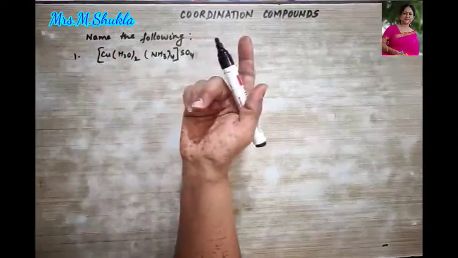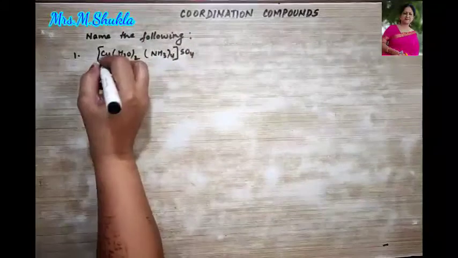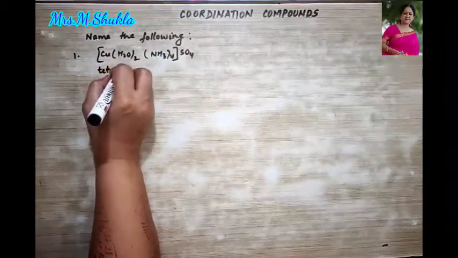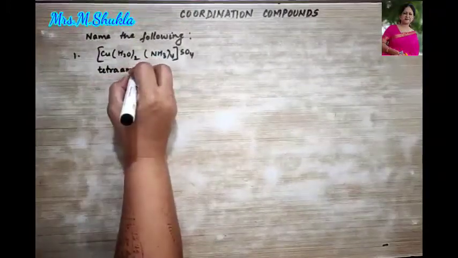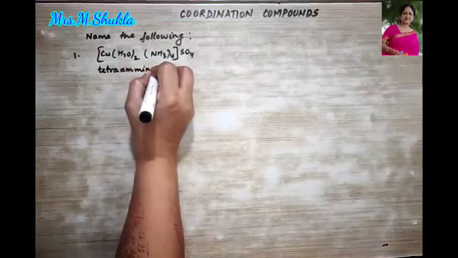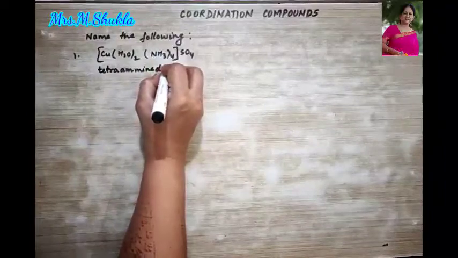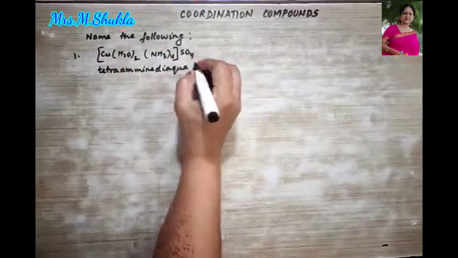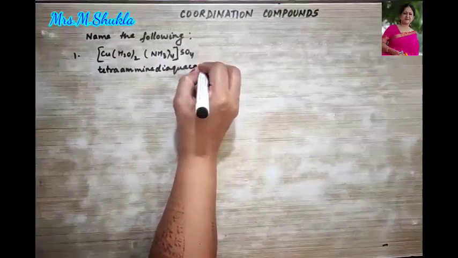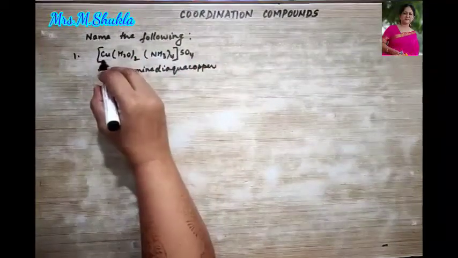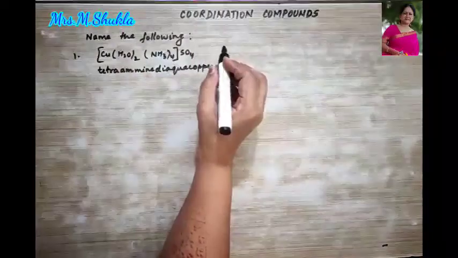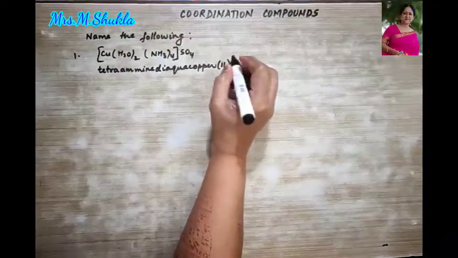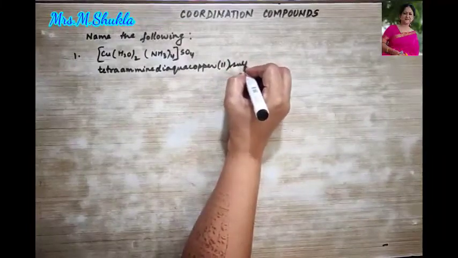So whose name should be written first? Ammine. So the name becomes tetraammine, diaqua, then copper. The copper oxidation number will be 2, sulfate is 2, no? In the Roman numeral. Then sulfate.